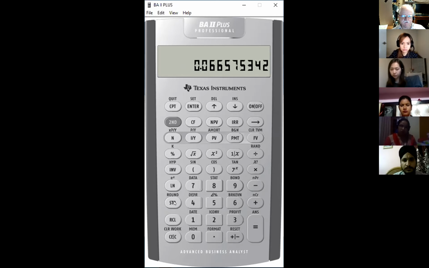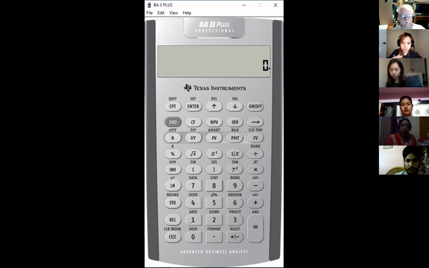So now instead of using the plus minus, see this STO and RCL? This is store and recall. I can store this. I can go store 1, and then I can clear it. When I go recall 1, this number shows up again.